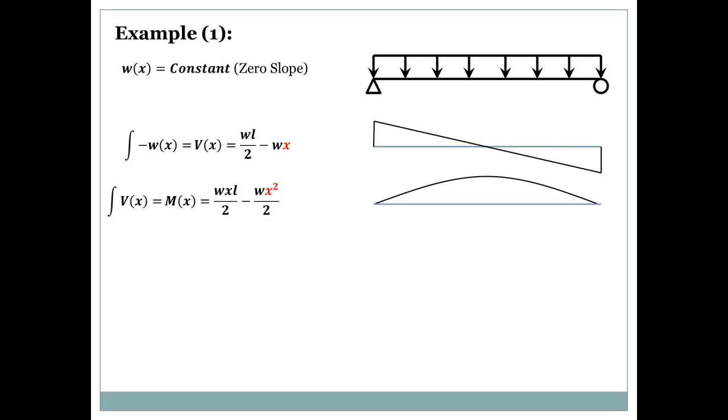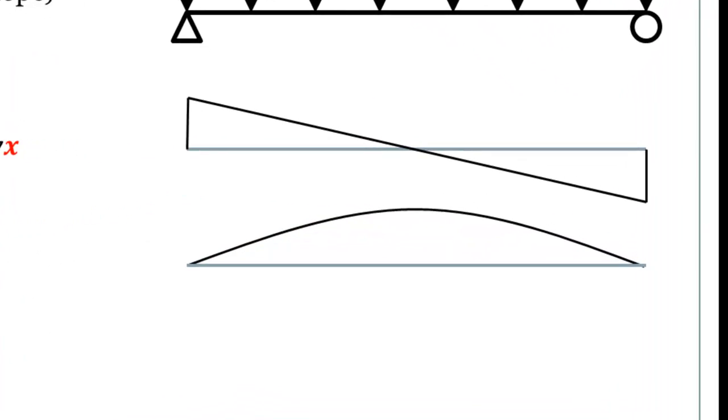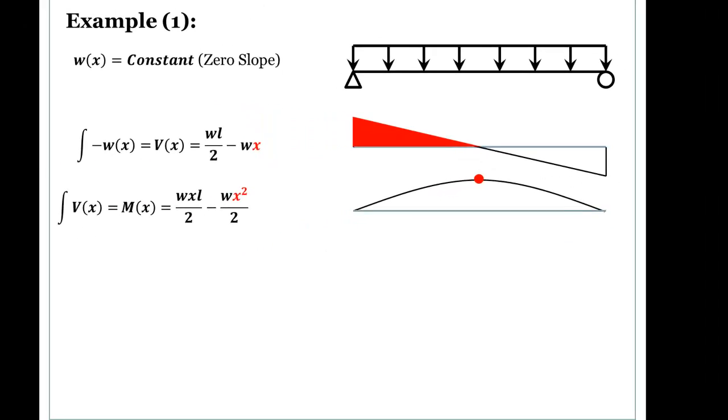If and only if the shape of the shear diagram is simple enough that you can calculate the area beneath it, find the moment by calculating the area under the shear diagram. For example, we look at this red triangle. The area of this red triangle is basically the value of the moment here.